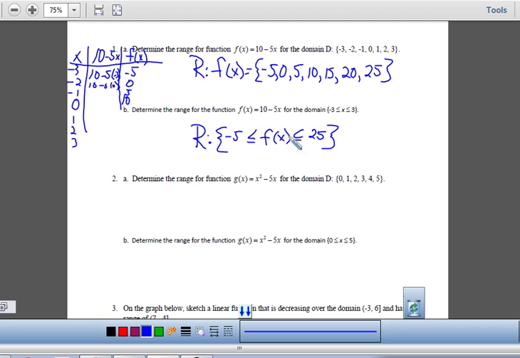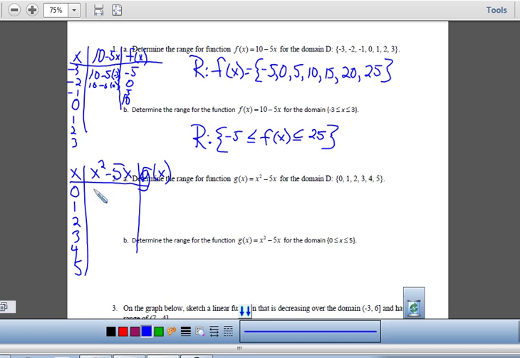Alright, I want you to try the next one on your own. Set up the table for x, and then x squared minus 5x, and find your g of x this time. You're going to be using the values all the way from 0 up to 5.